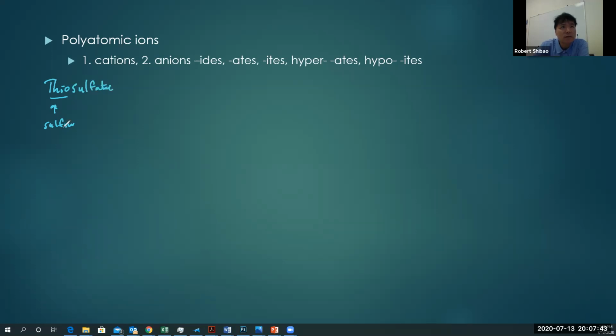So when you see thio, which is sulfur, what you do is you replace oxygen with sulfur. They're in the same family, so it doesn't change charge or anything else. Sulfur is in the same family as oxygen, which is the chalcogens.